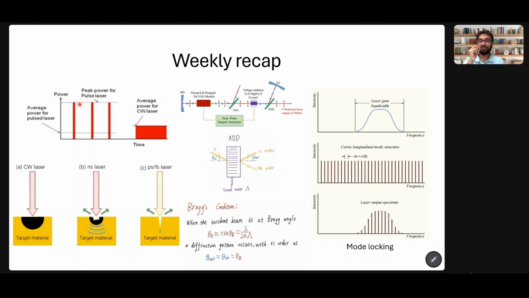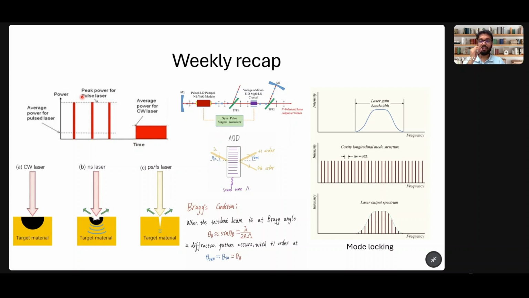A pulse laser is a type of laser where you get your laser output in the form of pulses rather than as a single continuous form. So your average power may be comparable to continuous wave lasers, but the peak power for the pulse laser will be much higher, giving you a lot of energy in a short amount of time.